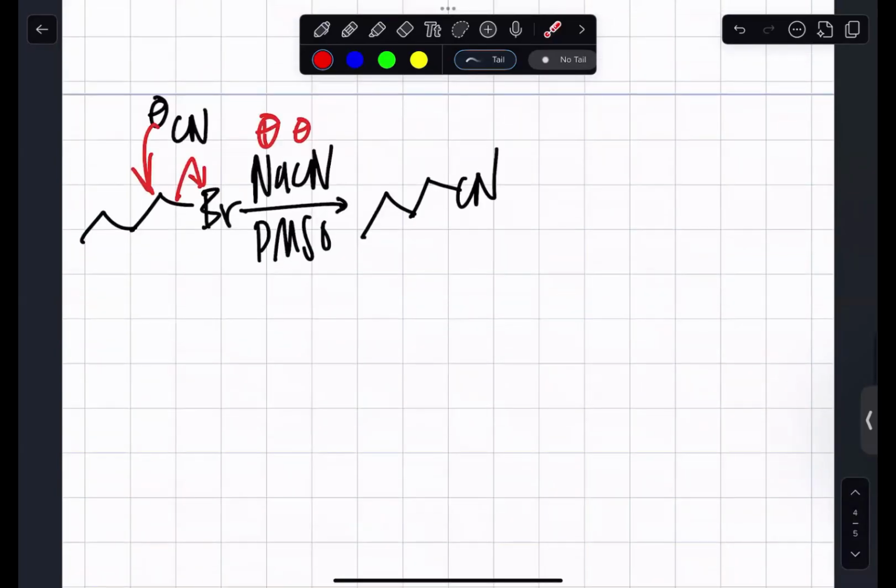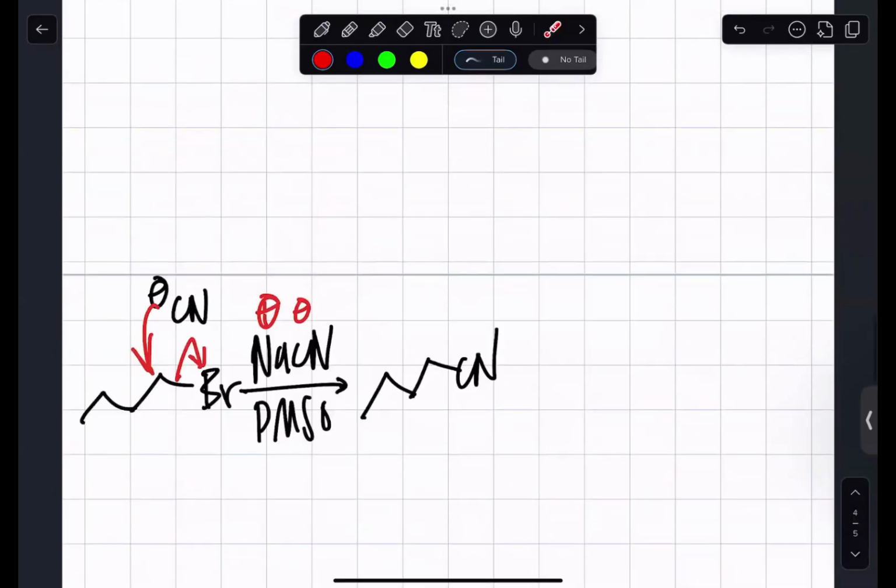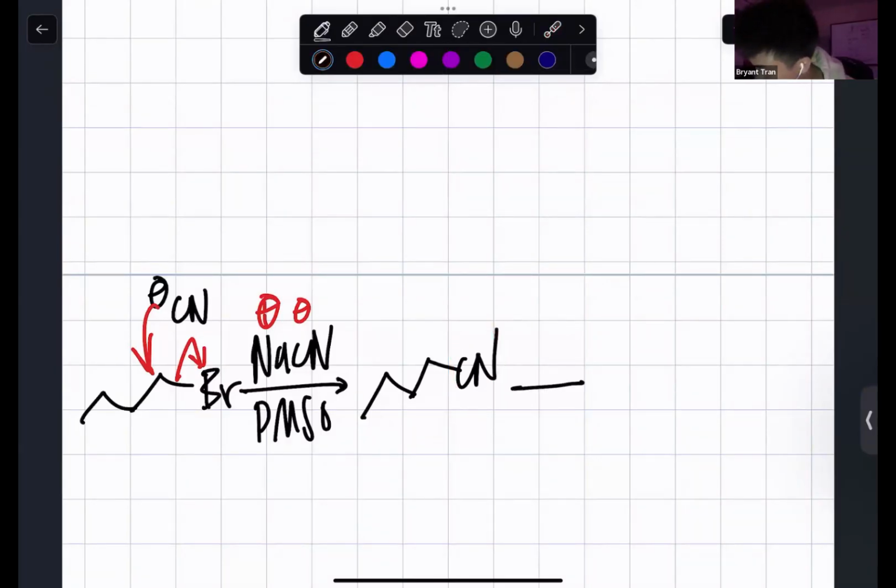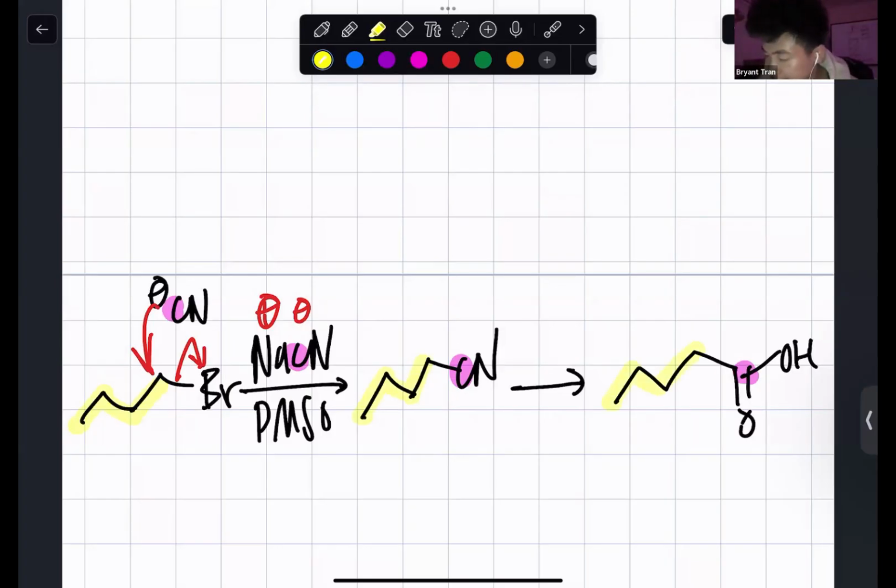So to convert this nitrile into this carboxylic acid right here, where this pink carbon from the CN is going to be this pink carbon here of the carboxylic acid, and the yellow backbone 4 carbon is going to be this 4 carbon chain right there, like that, right? Okay.